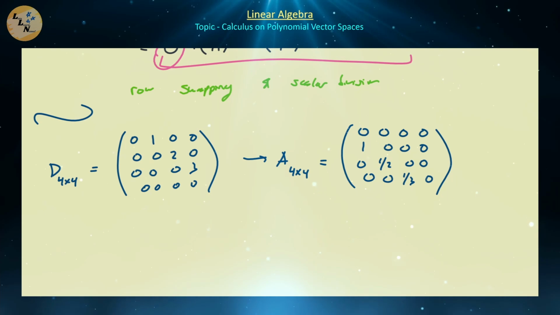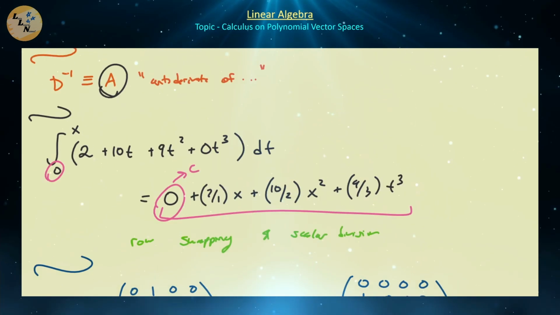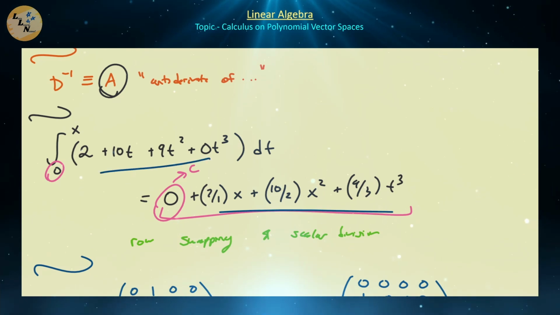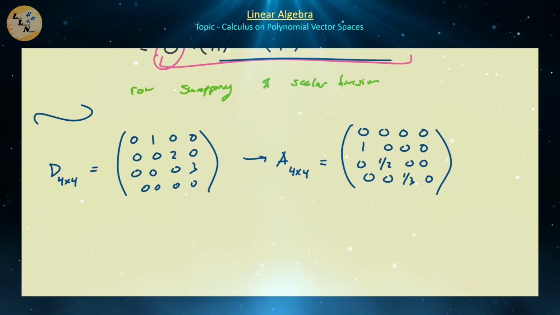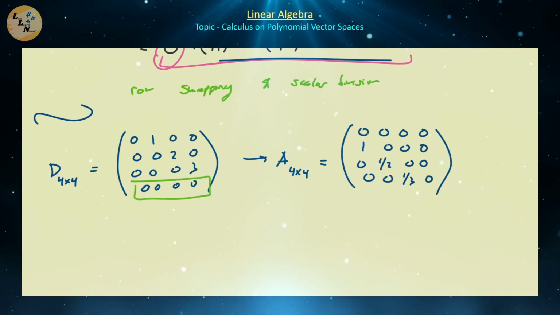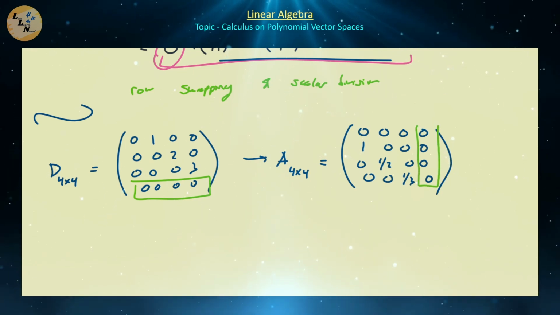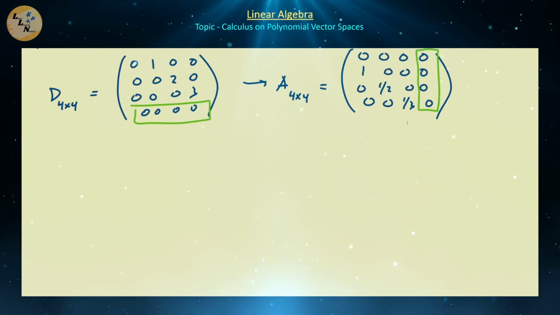And you can multiply that by the other vector, the vector representation in R3 of that, and you will realize that you will indeed get that particular result. Now again, if you're not happy with, for example, this last row of zeros or this last column of zeros, you can slightly manipulate these matrices to be a little bit nicer.